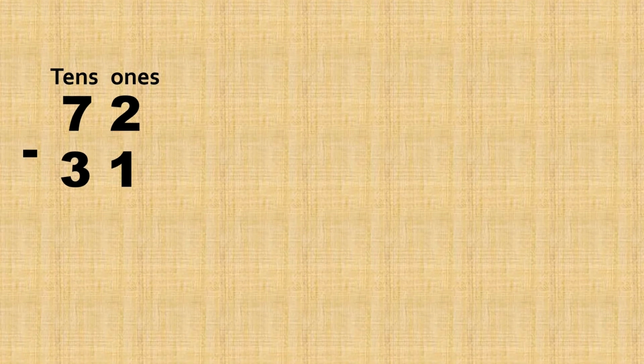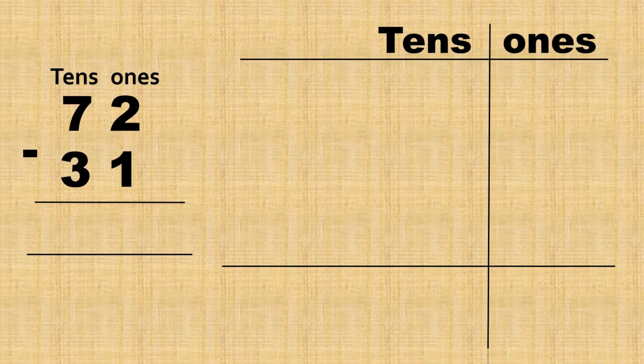Let's arrange the number according to their place value. The bigger number 72 goes on top and smaller number 31 written below it. Let's represent the number 72 using place value box. The number 7 is in the tens place.